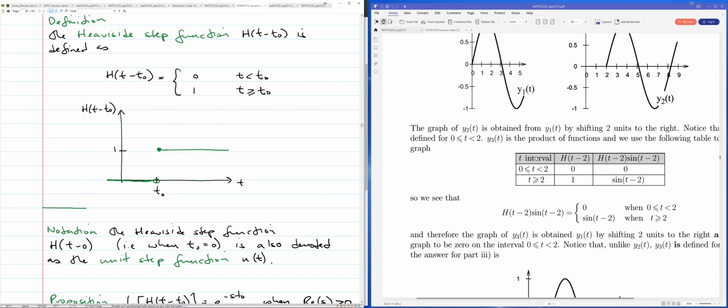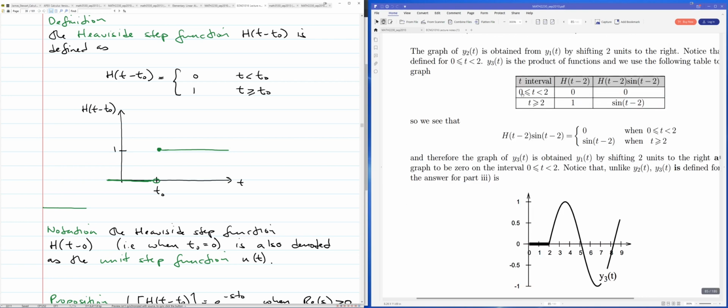And then for t bigger than or equal to 2, the Heaviside is equal to 1, so your product is 1 times sine t minus 2, which is just sine t minus 2. So looking at this expression, h(t minus 2) times sine t minus 2, and considering your two intervals from 0 to 2, and then from 2 onward, from 0 to 2 this product is equal to 0.